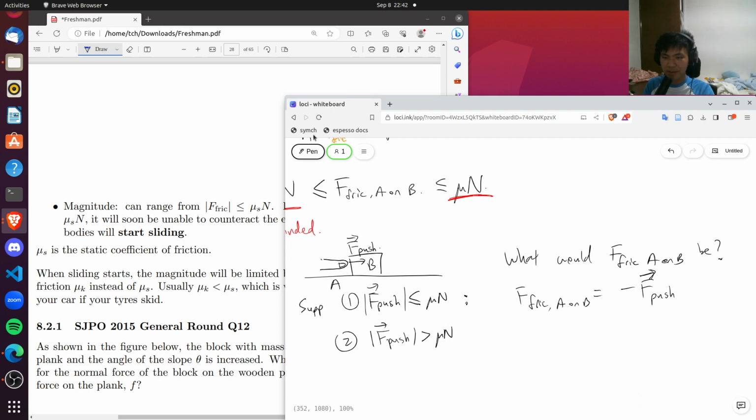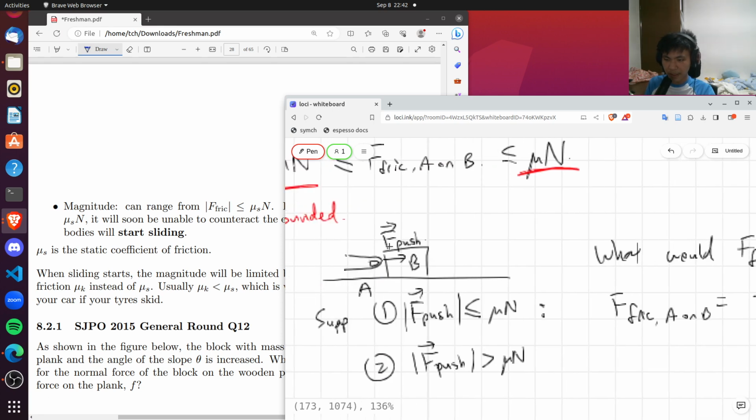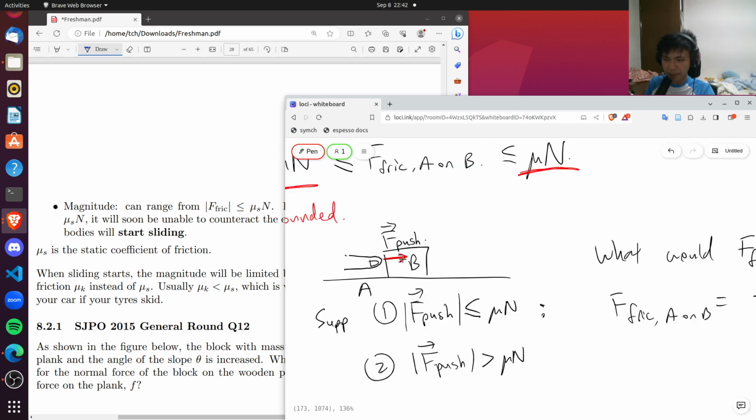And the reason is because in order to balance out this force pushing it to the right, if the object is in static equilibrium, then the frictional force must be to the left, and must be equal in magnitude. So the vectors, I shall just draw them in equal length.